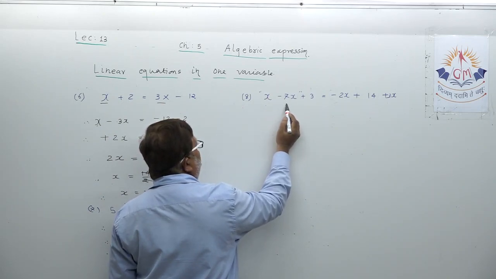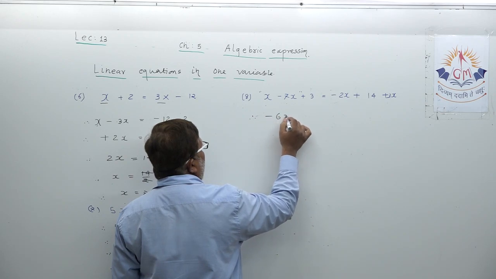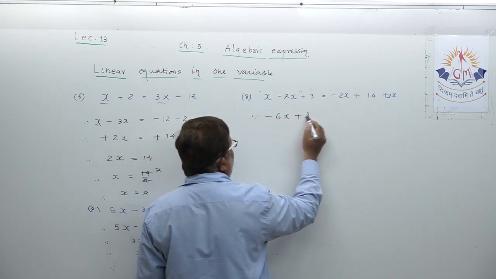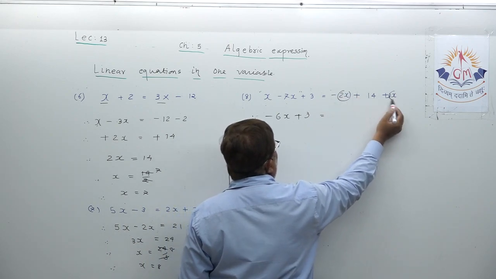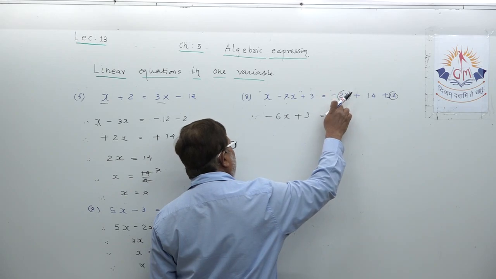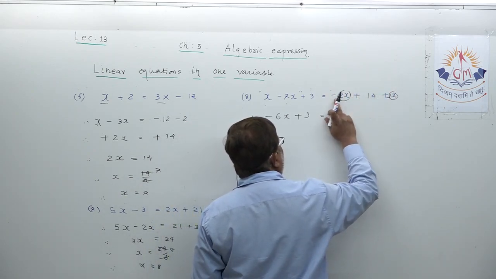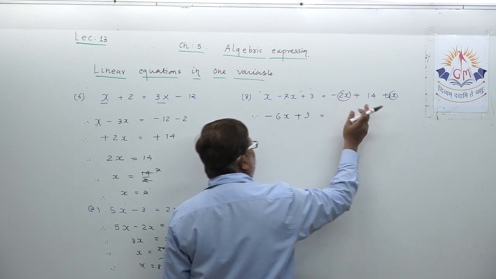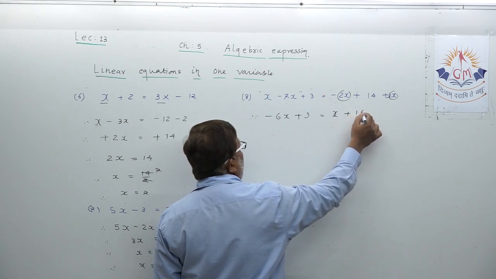x minus 7x minus 6x plus 3 equal to. Let us solve these like terms also. Minus 2x plus 3x minus plus minus sign of greater number, 1x plus 14.